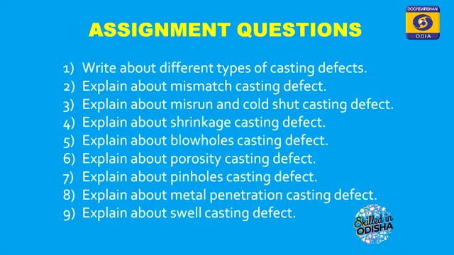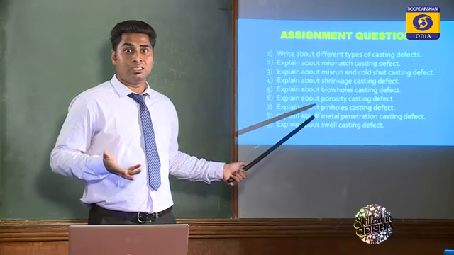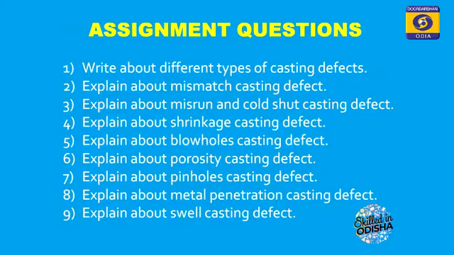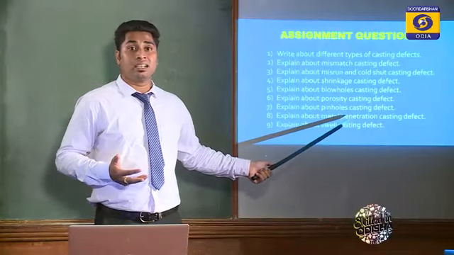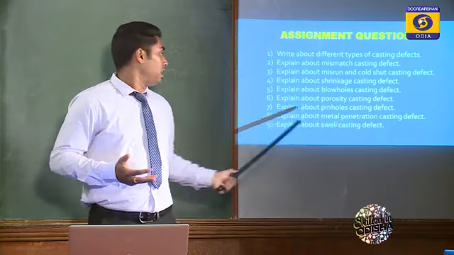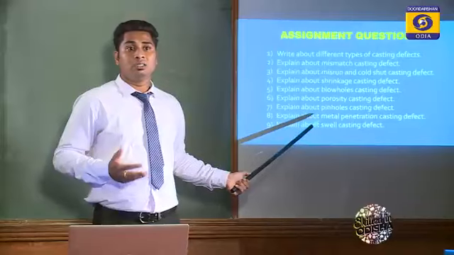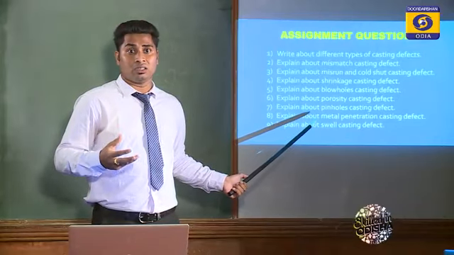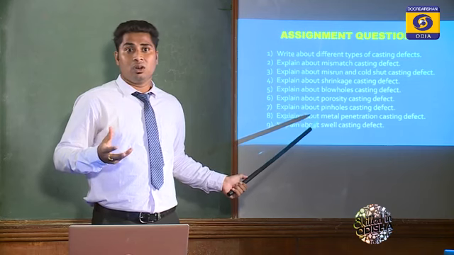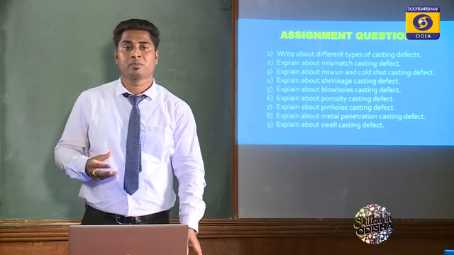Explain about porosity casting defects, porosity due to gas entrapment, which I have already discussed. Explain about pinholes casting defects. Explain about metal penetration casting defect, and finally explain about swell casting defect. Swell forms due to the high localized pressure. Swelling occurs at some part of the mold cavity.